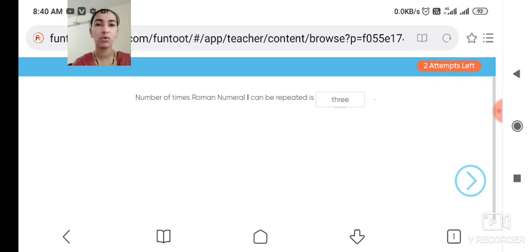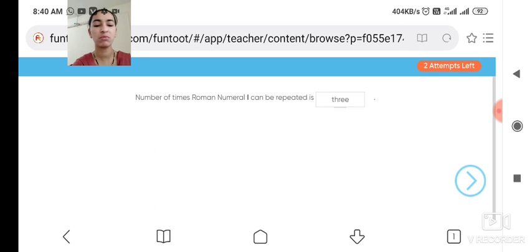Now if we want to write a number in Roman, how are we going to write? We are just using symbols.